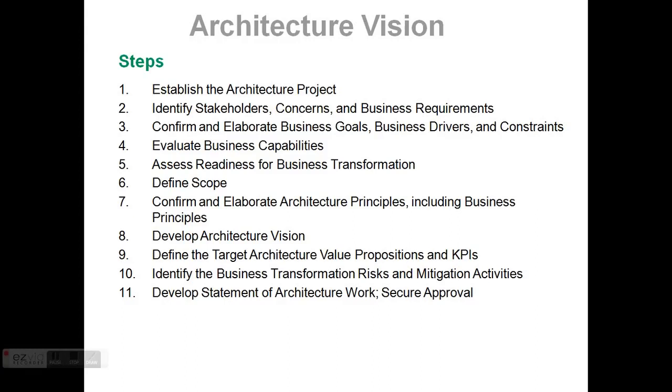Number one is establishing the architectural project. To do that, we conduct the necessary procedure to secure recognition of the project, the endorsement of corporate management, and the support and commitment of necessary line management, including references to other management frameworks in use, if there are any, within the enterprise, explaining how these projects relate to each other in regard to other frameworks.